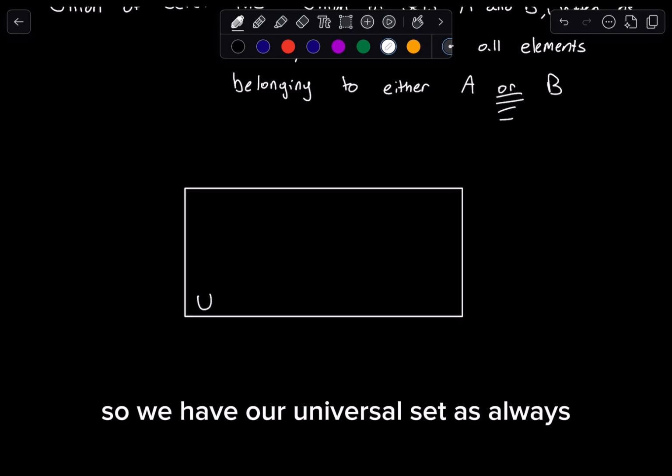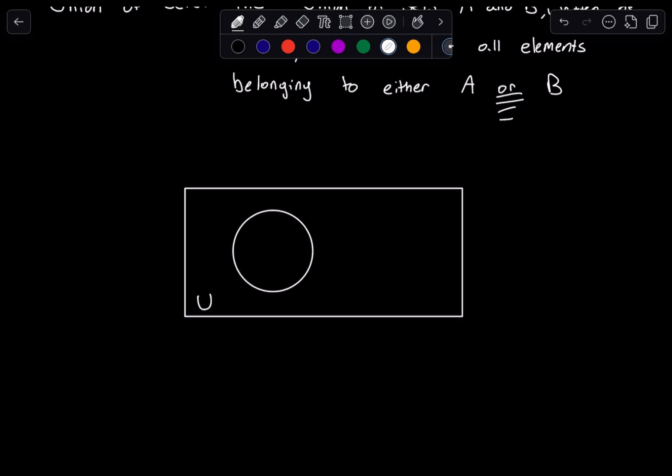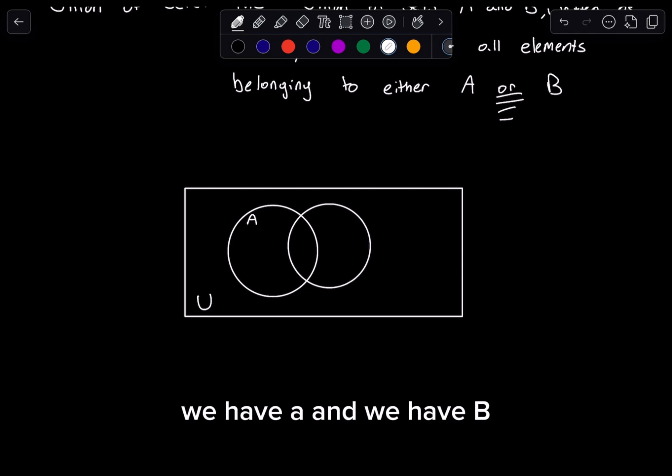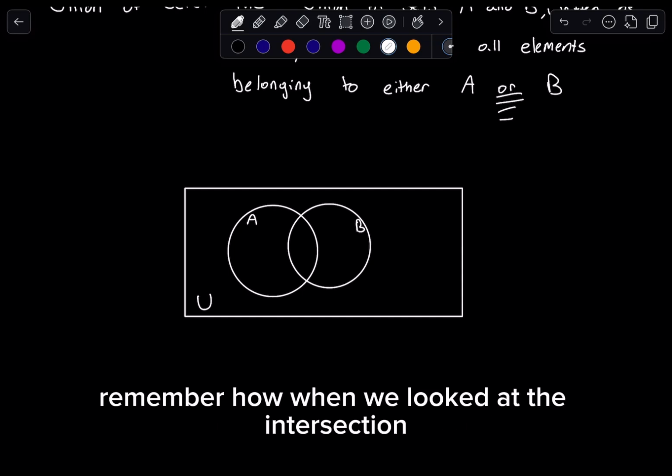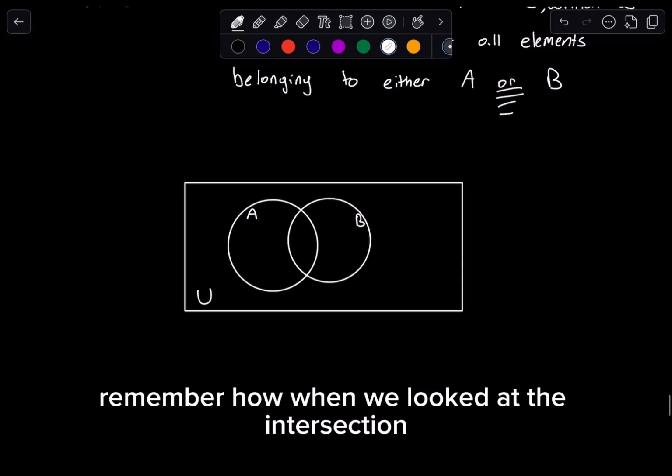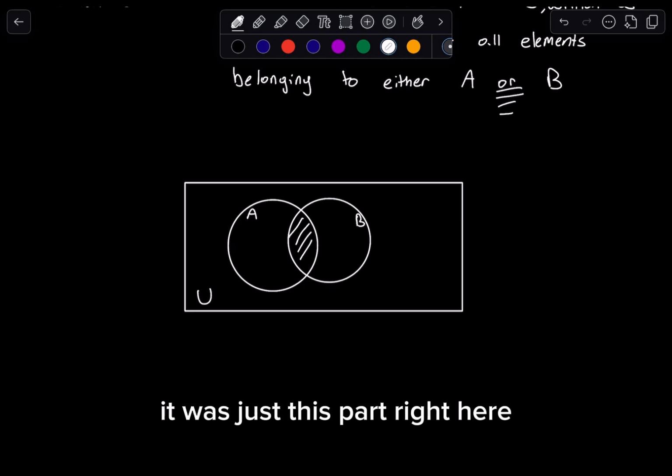So we have our universal set, as always, we have A, and we have B. Remember how when we looked at the intersection, it was just this part right here?